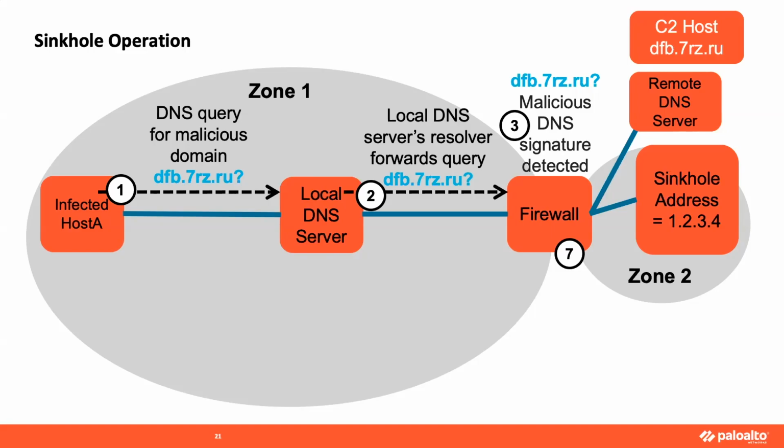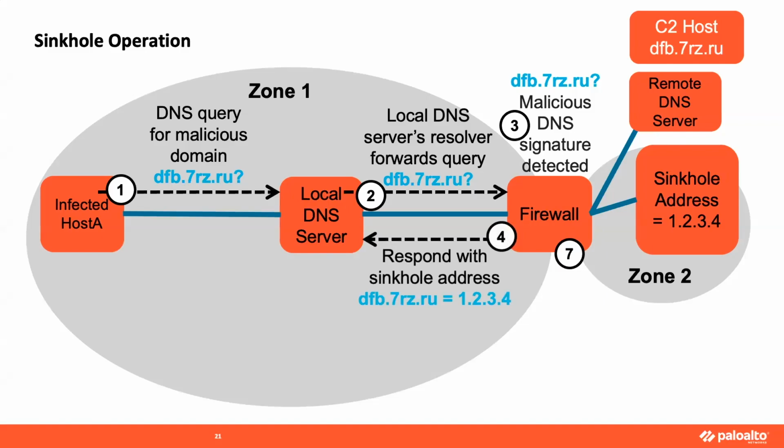Well, the firewall is going to see that it's trying to query a malicious domain. So the firewall has a record of malicious DNS signatures. So when it detects this, rather than send it out to that remote DNS server, we can give it a sinkhole address, which could be anything. And it's represented here by 1.2.3.4, but it really is whatever we want it to be.